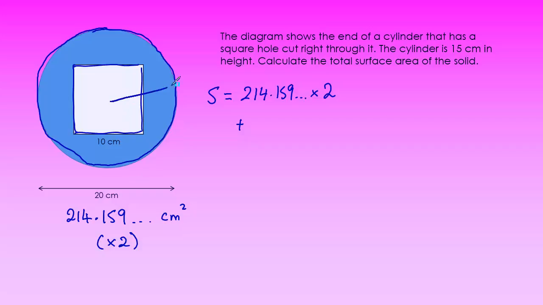Now we know the radius is 10, so the circumference is 2 times pi times the radius, and then we need to multiply that by the height of the shape, and then we're going to add that to the perimeter of the square. So each side is 10, so that's going to be 4 times 10, and multiply that by the height as well.